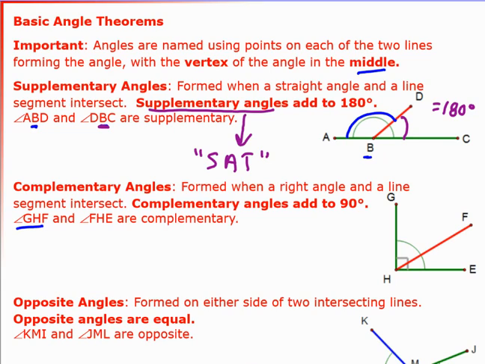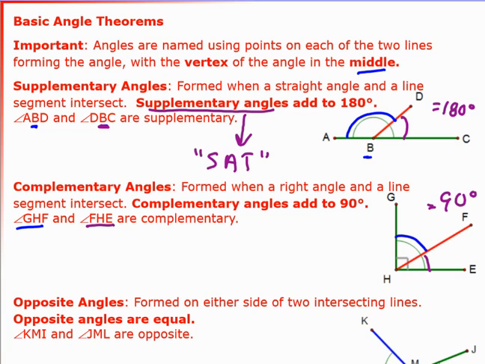So if we have GHF, and in a different color perhaps, FHE, that angle, those two together add up to 90.